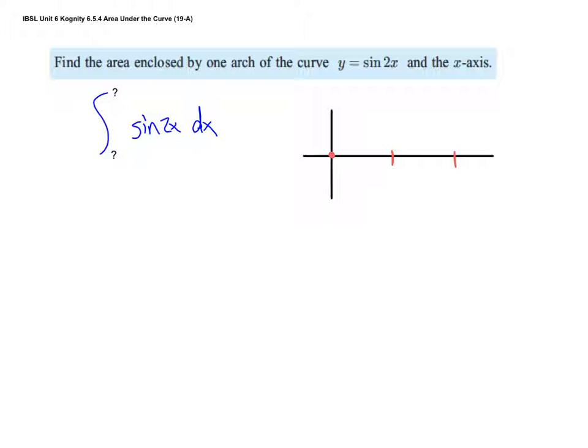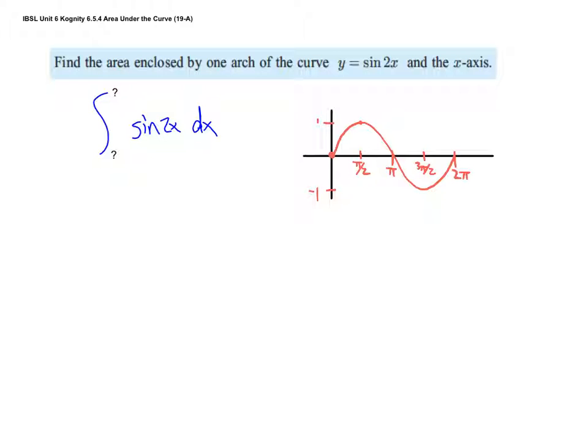It has a period of 2 pi, and it goes up to positive 1 and down to negative 1. It's up at 1 at pi over 2, and it's down at negative 1 at 3 pi over 2. So our sine curve looks like this.